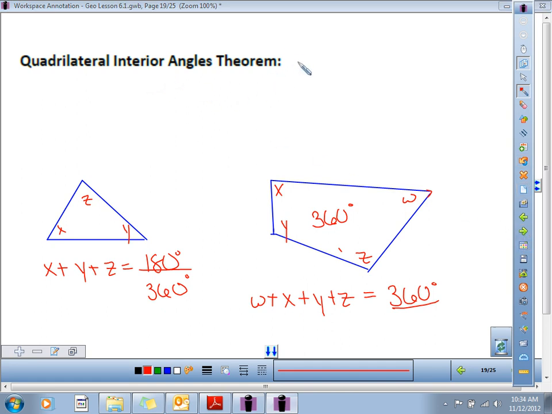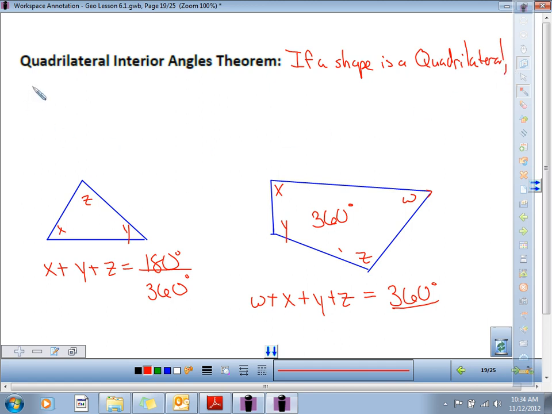Quadrilateral interior angles theorem states that if a shape is a quadrilateral, then the sum of the interior angles.